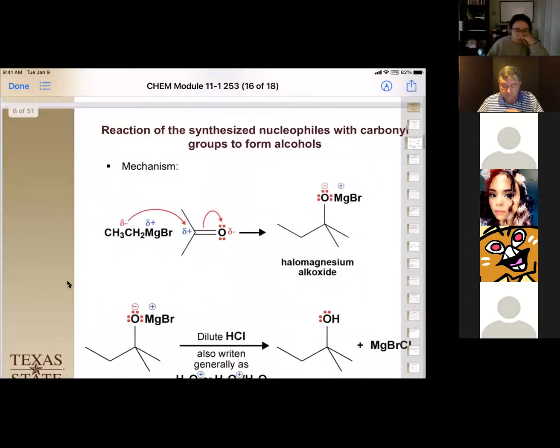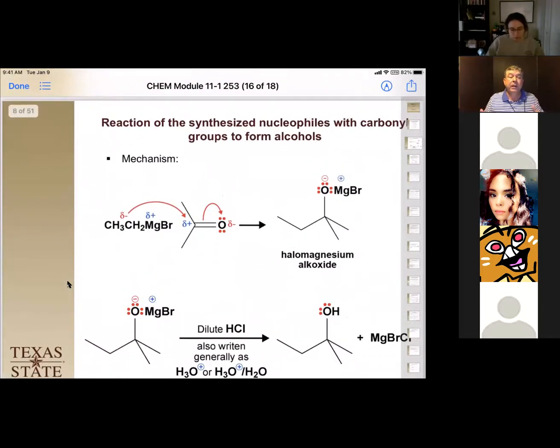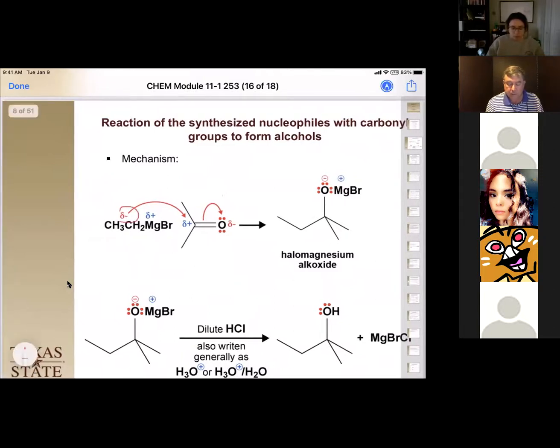So how does that work? Well, when we have the addition of a Grignard reagent to a carbonyl compound, we have attack by the partially negative carbon, attacking the partially positive carbon, giving us a new carbon-carbon bond right here.